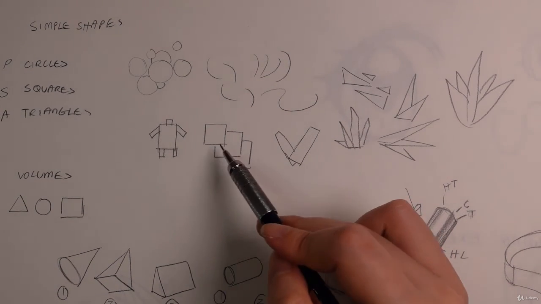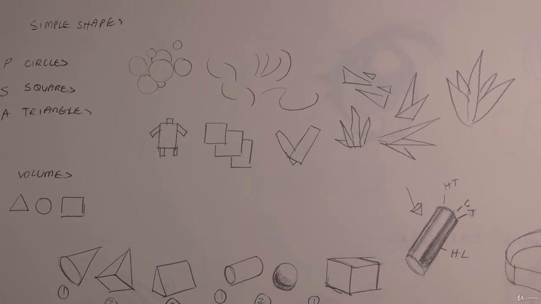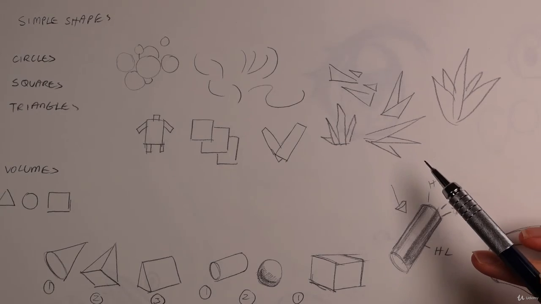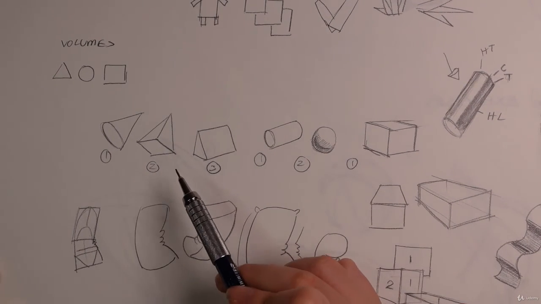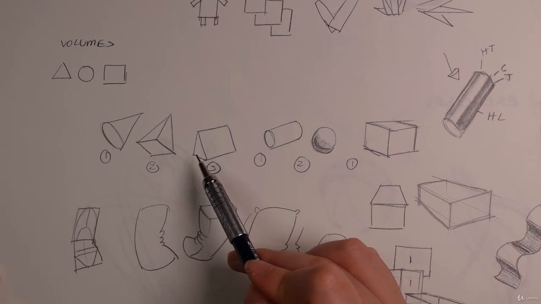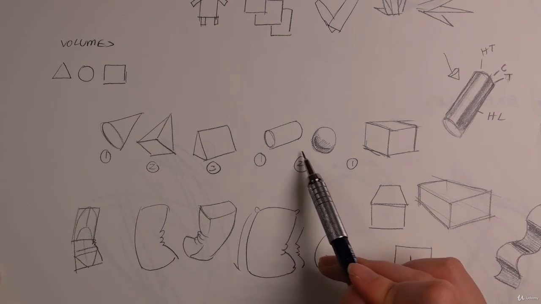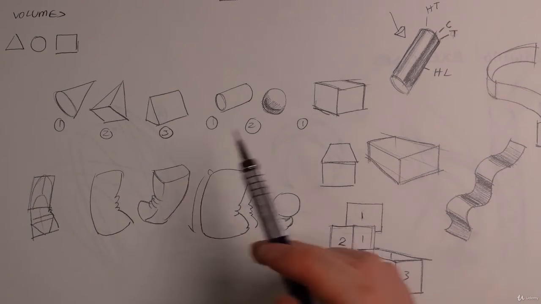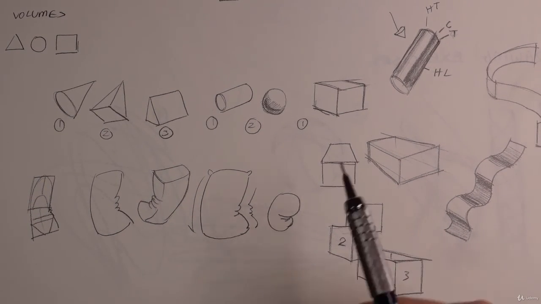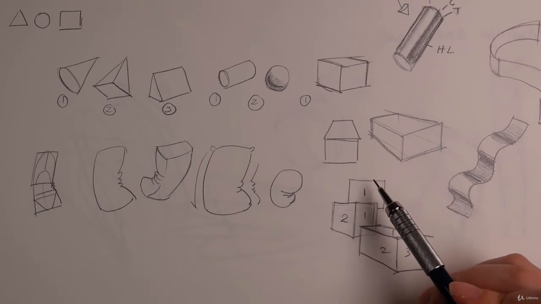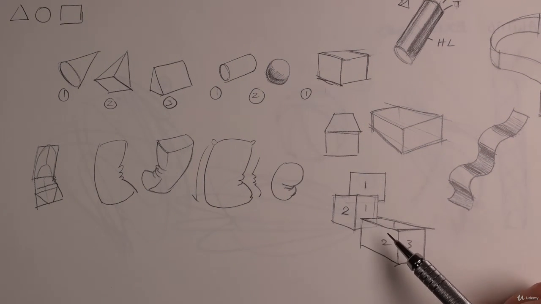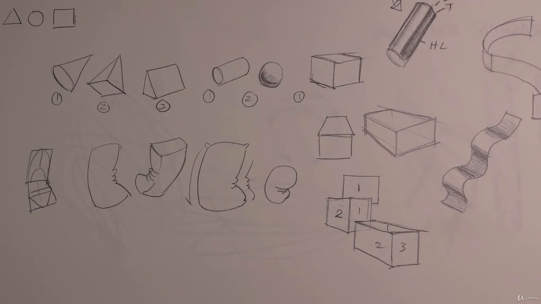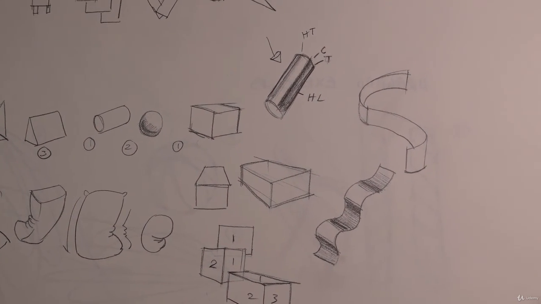Squares are more structure based, with more overlaps, and triangles are for sharper angles or a more dynamic feel. And here are some 3D forms: your cone, pyramid, triangular prism, cylinder, sphere, your stretch and squish, your boxes and boxes in different views, seeing which one is the most important. Then we have some ribbons and some halftones and shading.